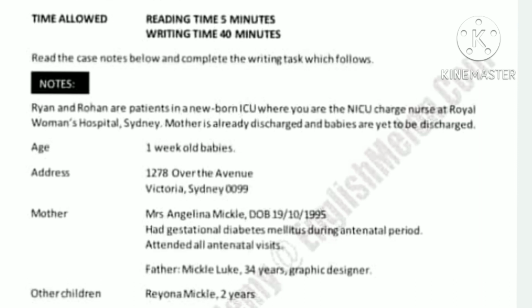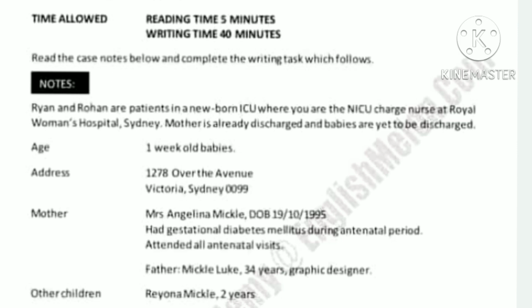Ryan and Rohan are patients in a newborn ICU where you are the NICU charge nurse at Royal Women's Hospital, Sydney. Mother is already discharged and babies are yet to be discharged. Age, 1 week old babies. Address is given. Then mother's name is Mrs. Angelina Michael.